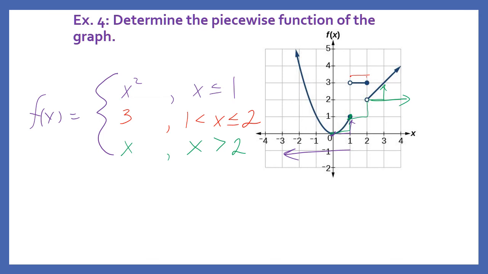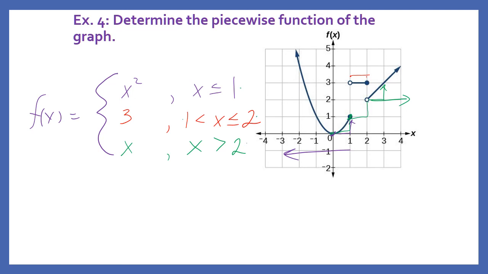One thing to point out here, these numbers should always match up. So when you have more than one piece, you shouldn't have any big gaps, like 1 jumps to 5, let's say, in the domain. So what I mean by that is, I have a 1 here, this one starts with 1. This one ends with 2, this one starts with 2.